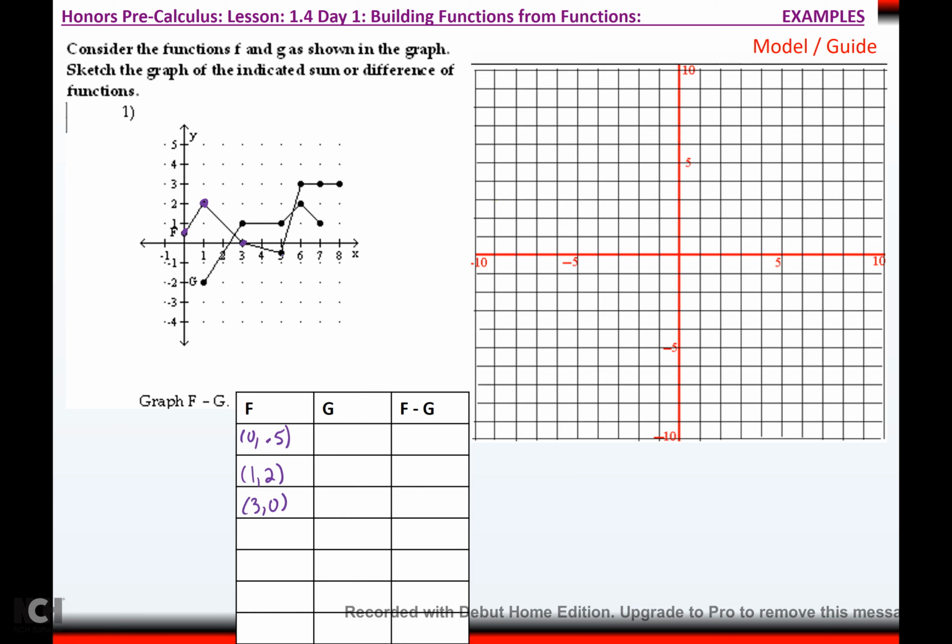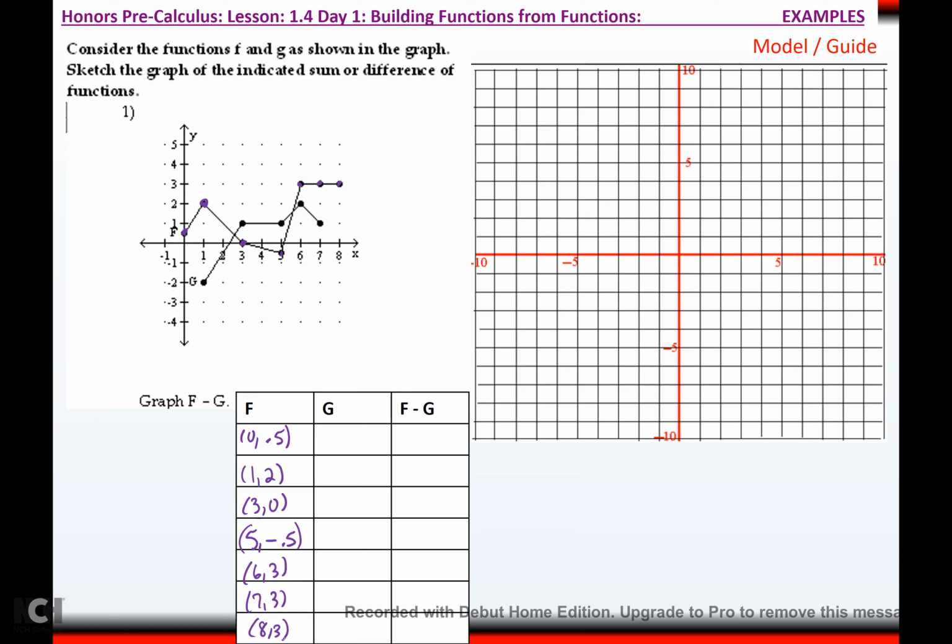This ordered pair would be 5, negative 0.5. Yeah, it's not quite at 1. This ordered pair would be at 6, 3. This ordered pair would be at 7, 3. And this ordered pair would be at 8, 3.